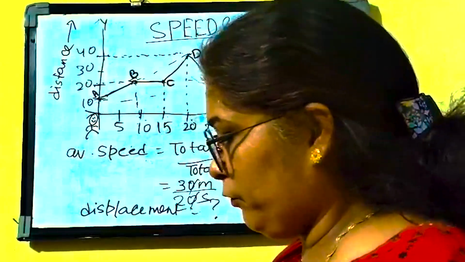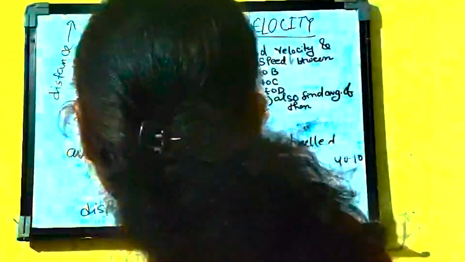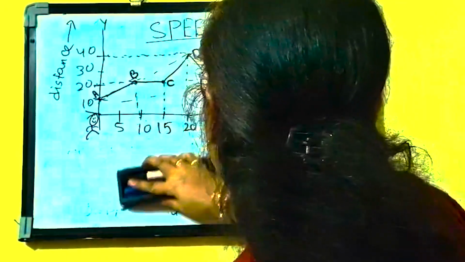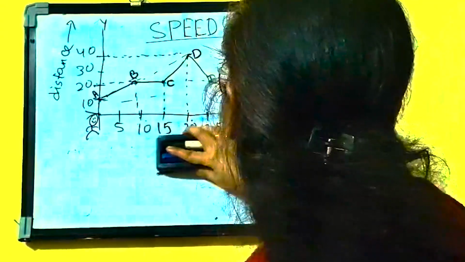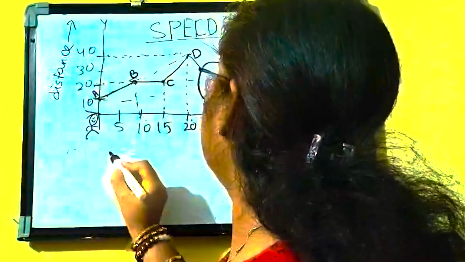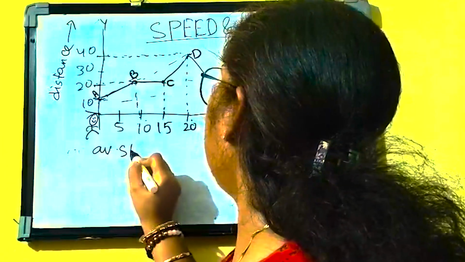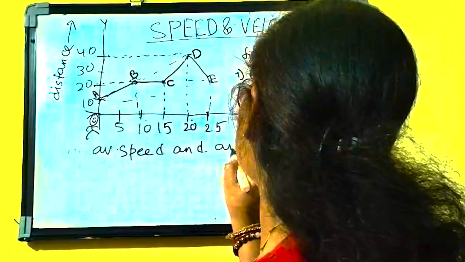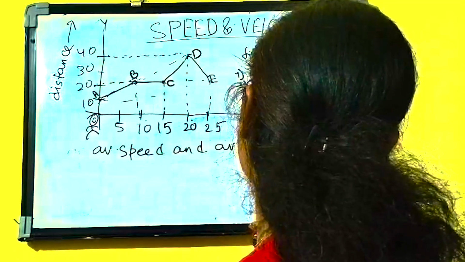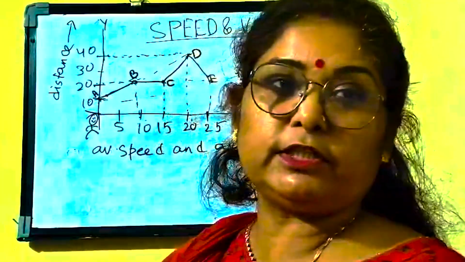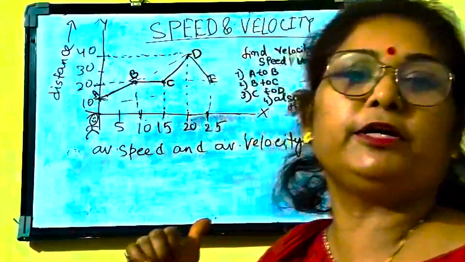So you have to find the average speed and average velocity when the object is at E position. Find the average speed and average velocity, and write it in your comment box.